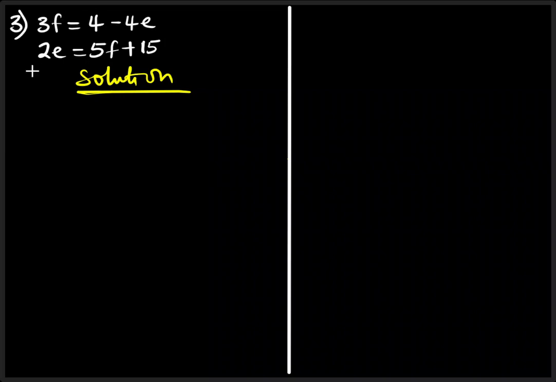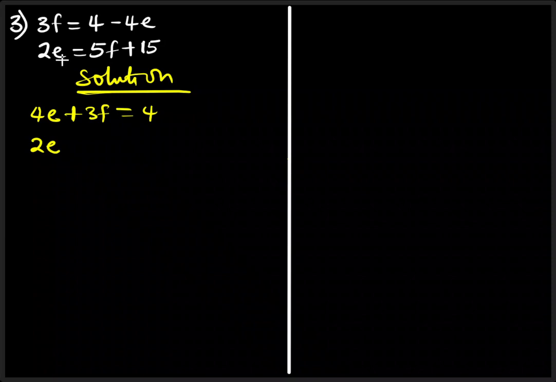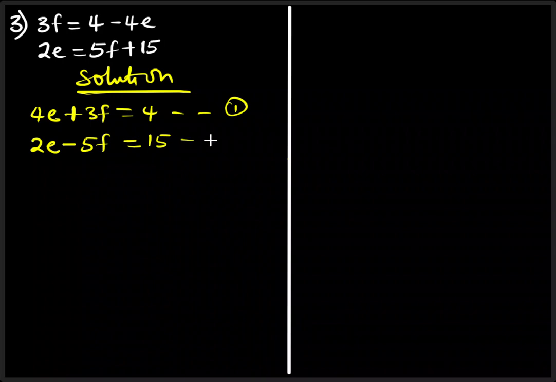Minus 4e crossing down here will give us 4e, then plus 3f equals 4. And on this other side we have 2e already, then plus 5f coming down will be minus 5f, and that will be equal to 15. So this is equation 1 and this is equation 2. All right, so let's see.